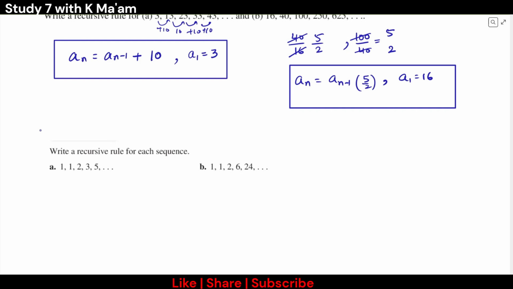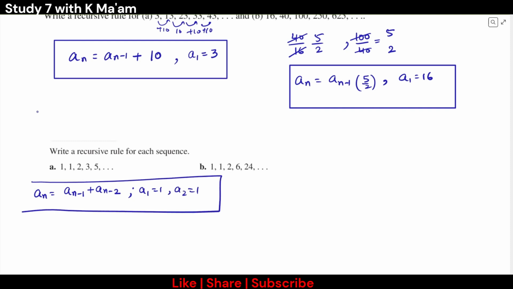You can see that this number is an addition of the last two terms. 3 is the addition of these two terms. 5 is the addition of these two terms. So the previous two terms are used to find the term. We can write a_n is equal to a_(n-1) plus a_(n-2), with the given first term 1 and second term also 1. This is a recursive rule.